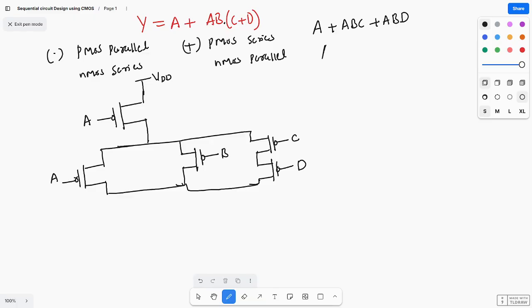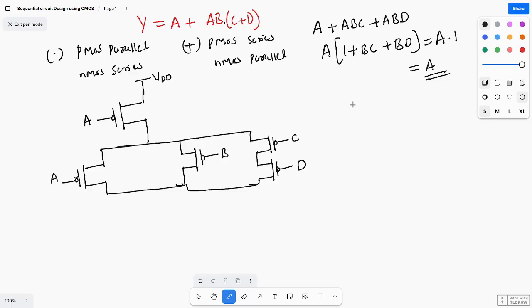If you take A common, what you are getting is A into 1 plus BC plus BD. 1 plus something is 1, so you are getting only A.